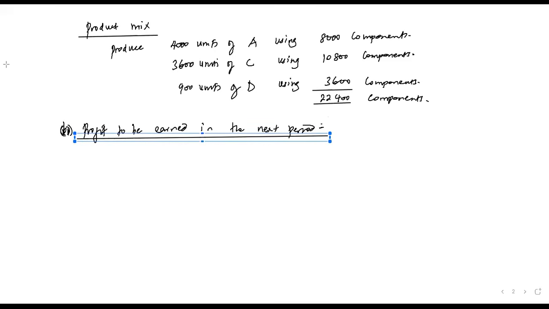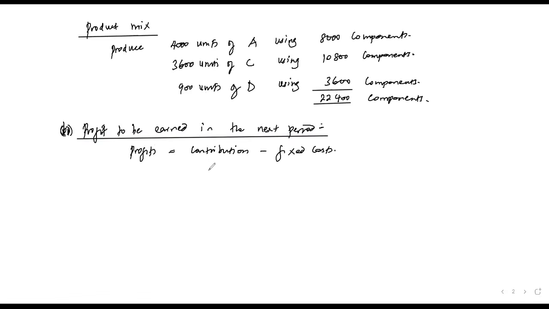Of course, to get the profit, it will equal the contribution minus the fixed costs. If you have to get that profit, you have to get the contribution minus the fixed costs.